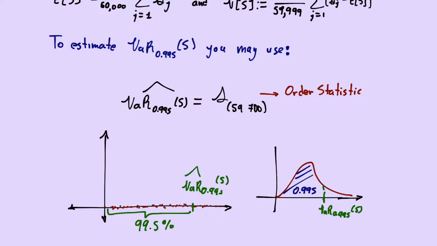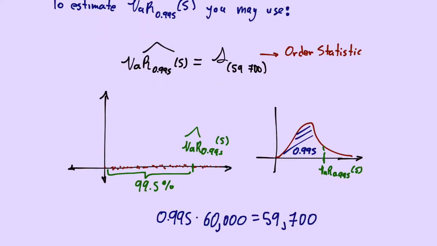So if we want to estimate that with our simulated observations, we will have to choose a value among those simulated observations so that 99.5% of the values are to the left of it, just like the theoretical value.